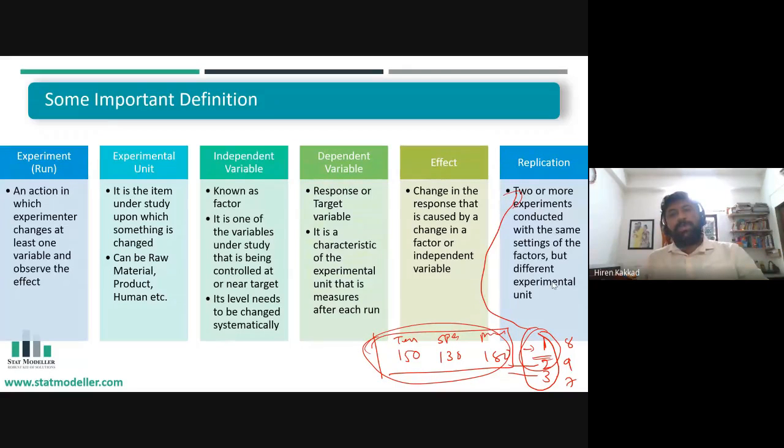If it is feasible, you should always go for replication, so that you can confirm that with this set of parameters, or with this experiment, we can get the optimum result. That can be finalized, and then followed as routine practice by the people, so that they can get the optimum result.